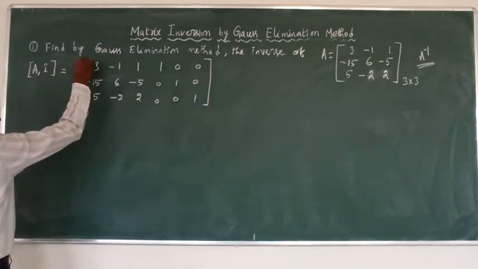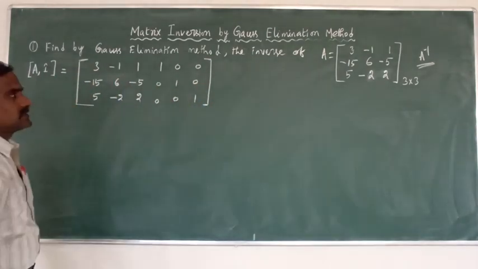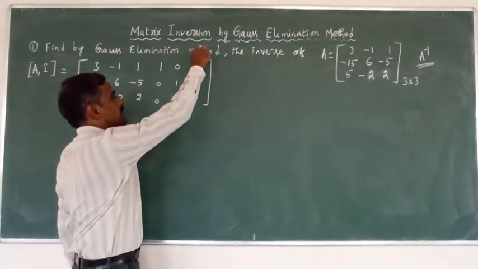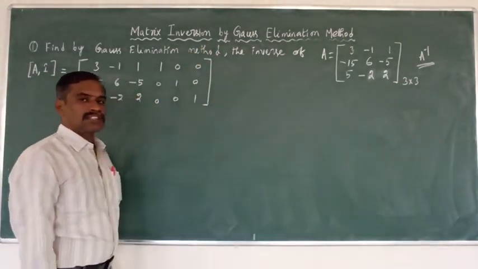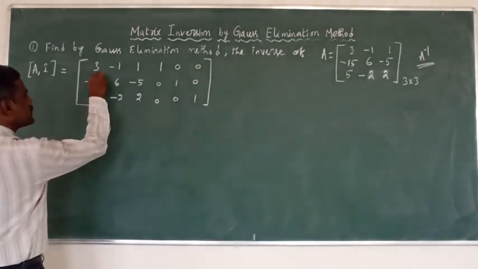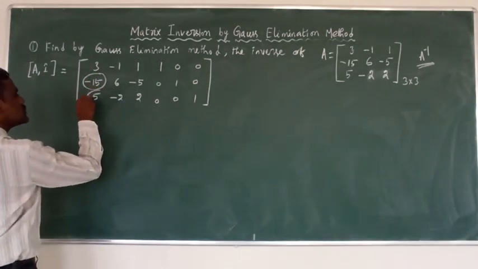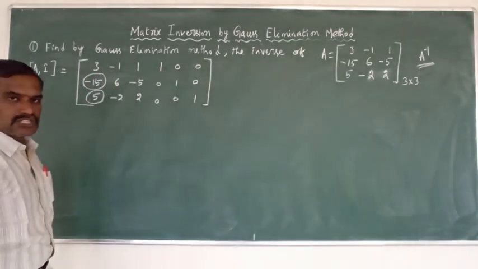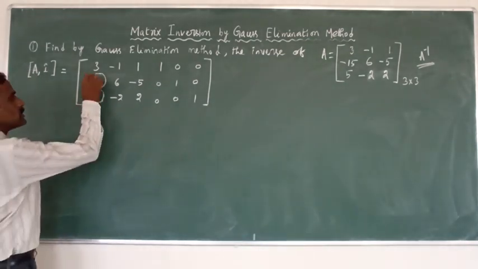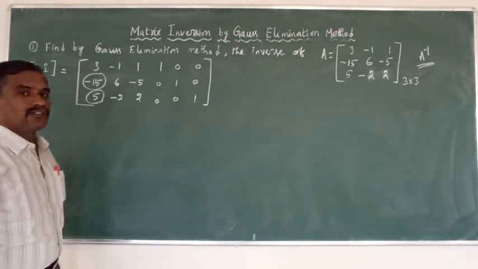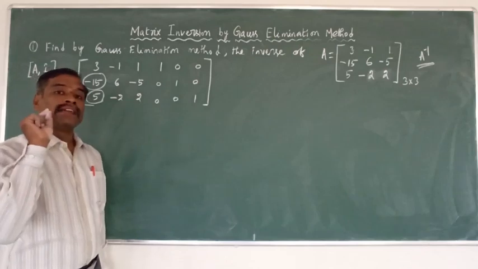For matrix inversion by the Gauss elimination method, first we have to make these two terms zero. For that we have to check that the A11 value is not equal to 0.